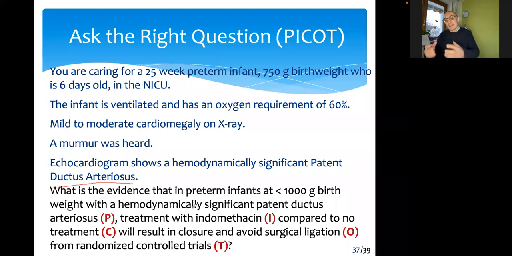So I extended this question actually a little bit to include the T here, but without the T, my outcome is whether there will be closure of the patent ductus arteriosus.